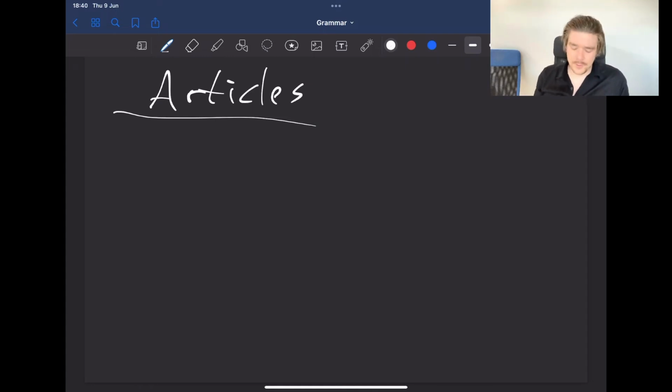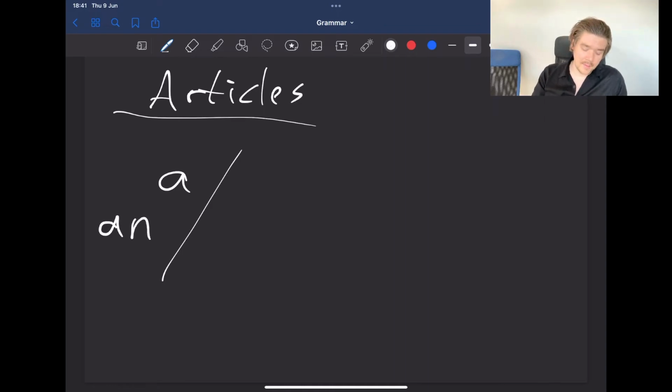So it's a half truth, because we really have three if we're being pedantic. We have the indefinite article, a or an. And then we have the definite article, the.